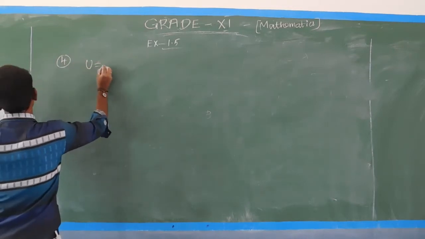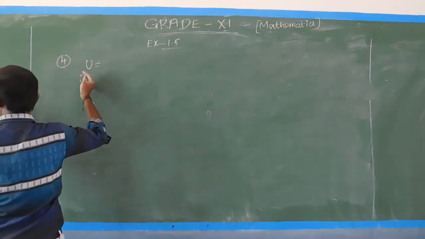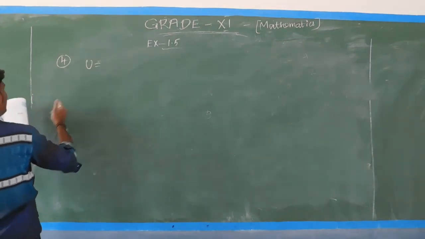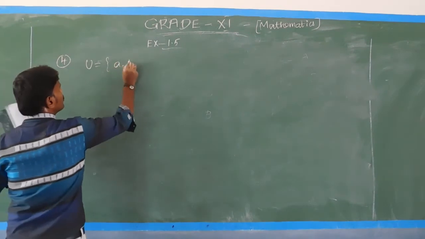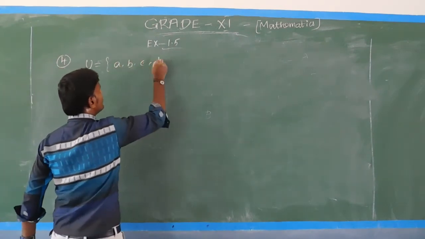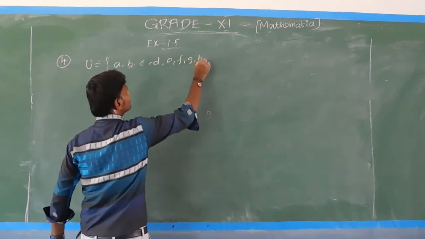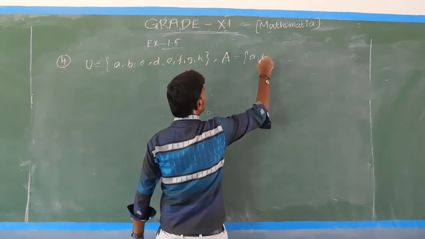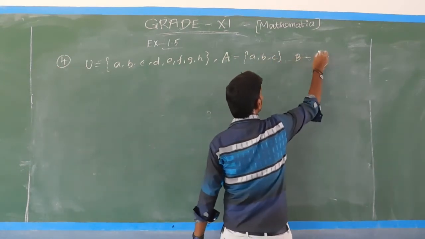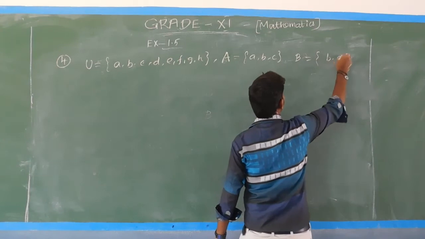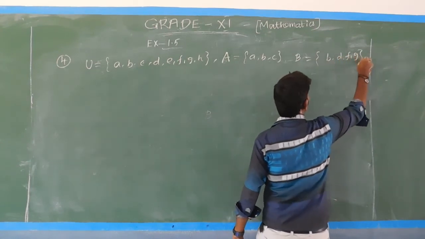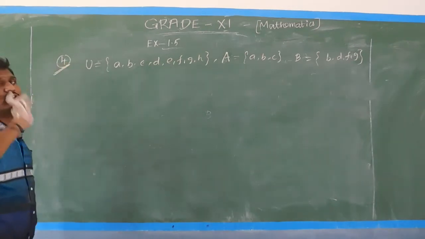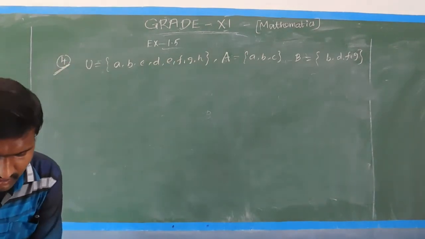Universal set is equal to, I give you one sum: A, B, C, D, E, F, G, H, and A is equal to A, B, C, then B is equal to B, D, F, G. Okay. So this is your pattern of the fourth question, but I give you creative. Okay, see, listen now.